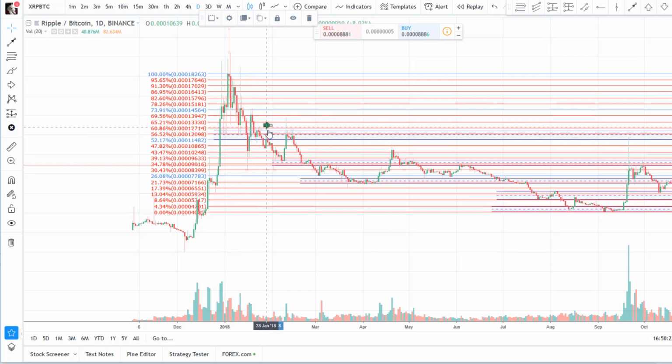There's no inherent value channel in this channel. I'll still pay attention at these lines and see how price reacts at those lines, but my expectation and the probability that there's going to be another value created in this range where it's never been created before has a lower probability.